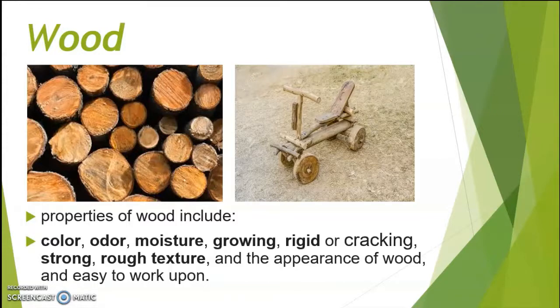As you can see on the picture, the wood is easy to work upon, but the wood has color, the color brown, the odor, the scent, the moisture, and then the wood is growing and it's rigid but strong and has a rough texture.